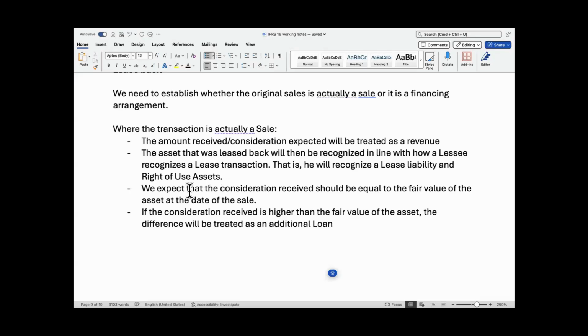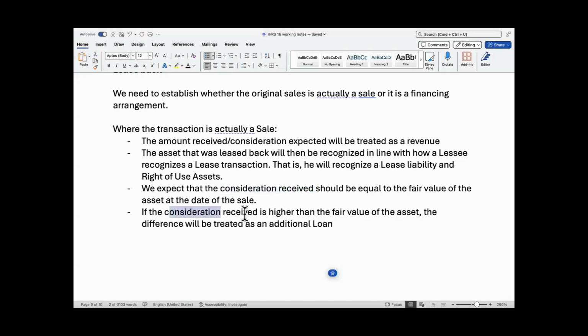we expect that the consideration received should be equal to the fair value of this asset at the date of sale. If the consideration received is higher than the fair value of this asset, we are going to treat the difference as a loan, even though yes, you have sold. If you remember under IFRS 13, fair value is the amount that is received to sell an asset. So the consideration received should be the fair value.